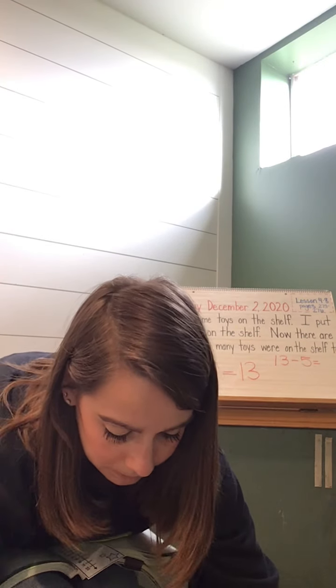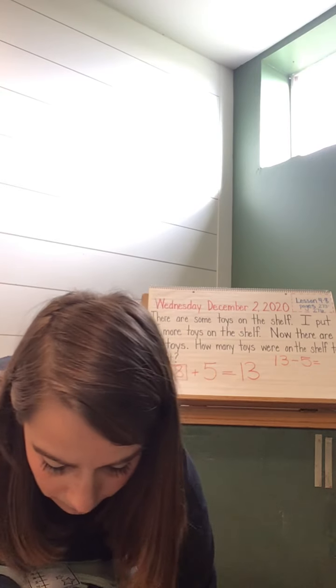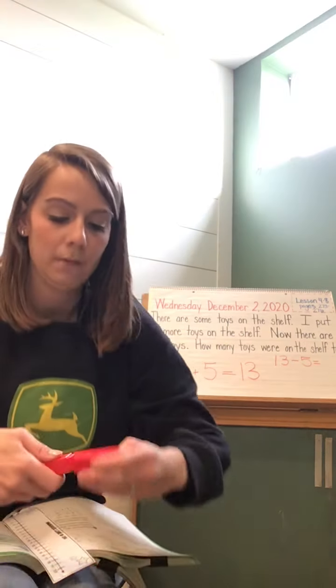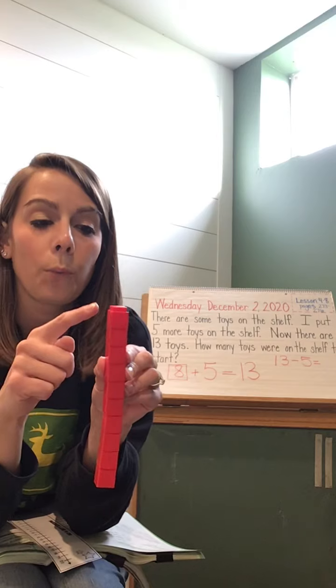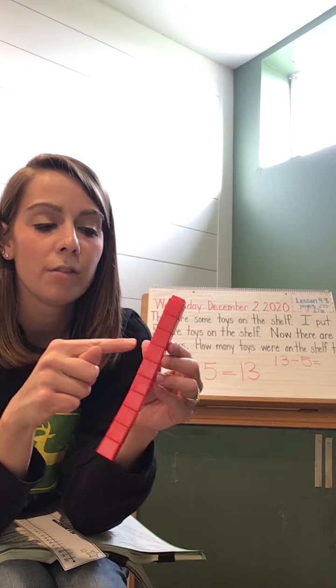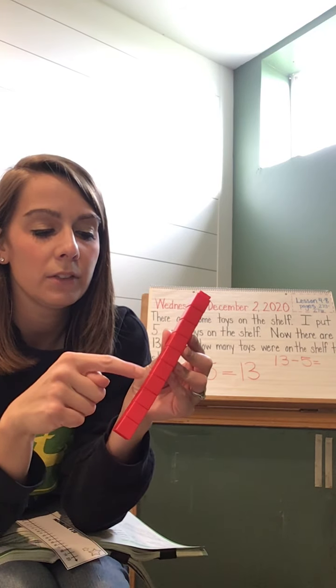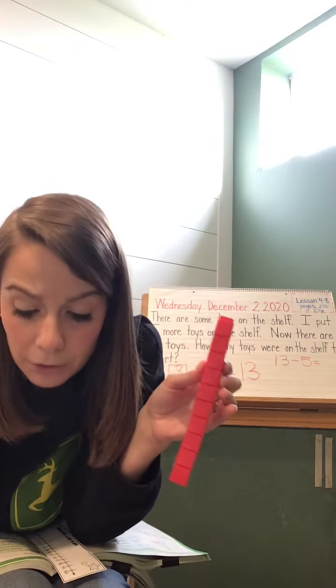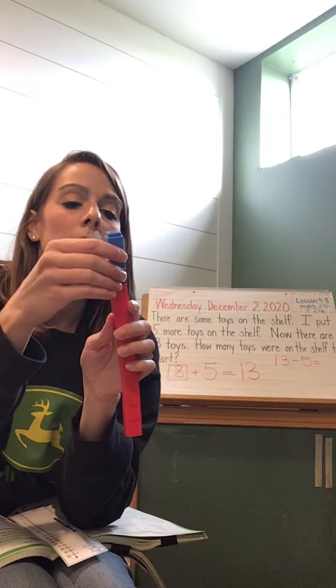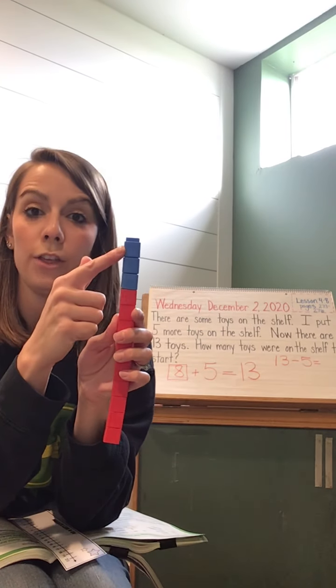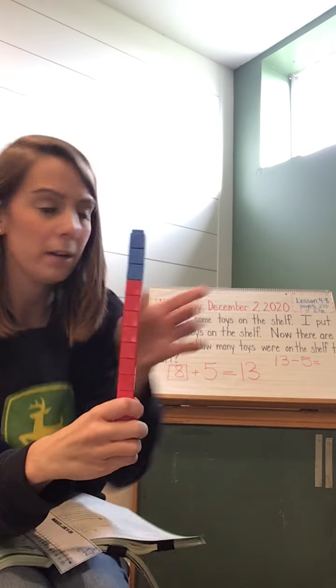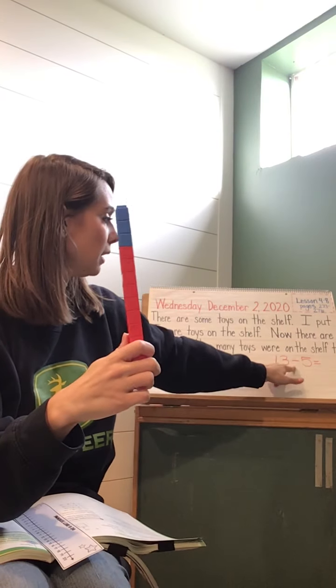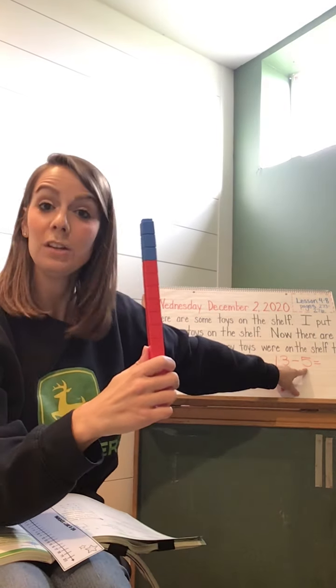Oh, goodness. All right, let's see how many I have. 1, 2, 3, 4, 5, 6, 7, 8, 9, 10, and I need 13. 11, 12, 13. Now, what am I subtracting? 13 minus, good, 5.